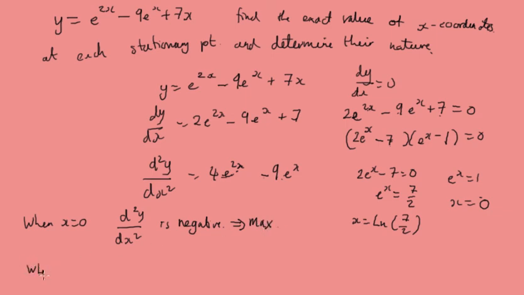And when x is equal to the logarithm of 7 over 2, the second derivative will be positive, because remember that the exponential and the logarithm will cancel each other out. So that will be a minimum. So I hope that helps.